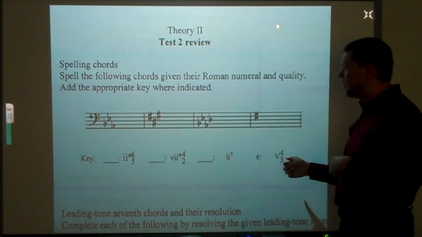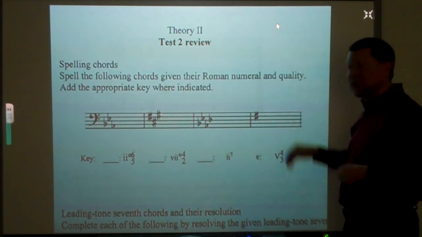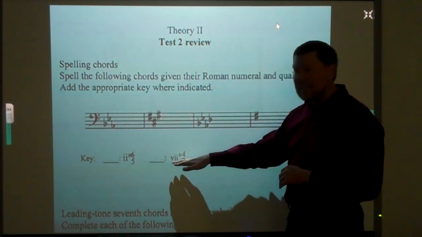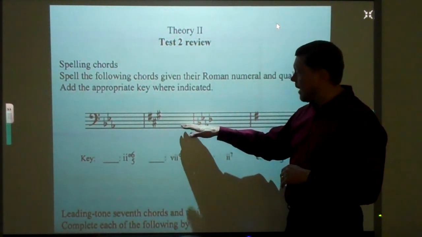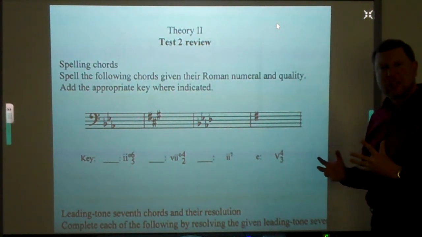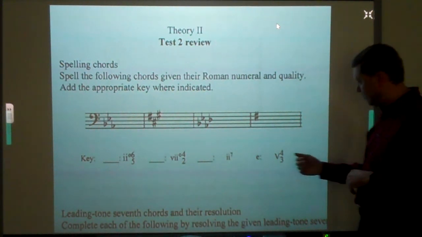And so we are going to need to raise that pitch with an accidental as we spell the chord on the staff. Just like we needed ti in this chord, we needed to raise the E as E sharp. So also here, wherever ti occurs in the chord, we're going to have to raise it with an accidental.